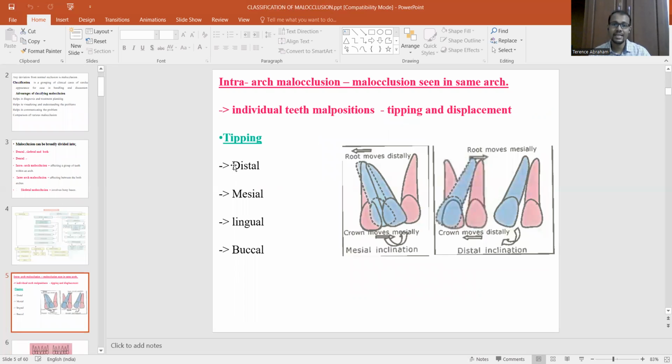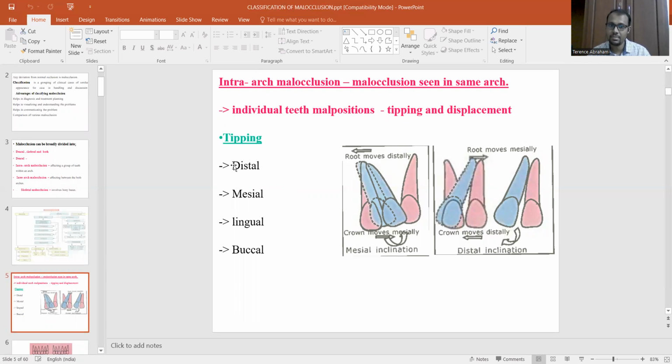Coming to the various intra-arch malocclusions, which are present in the group of teeth in the same arch, mainly it is tipping and displacement. What is tipping? Tipping is the movement of the crown in one direction and the root moves in the opposite direction.